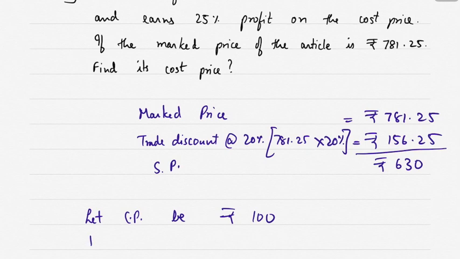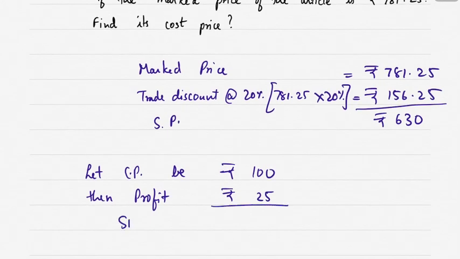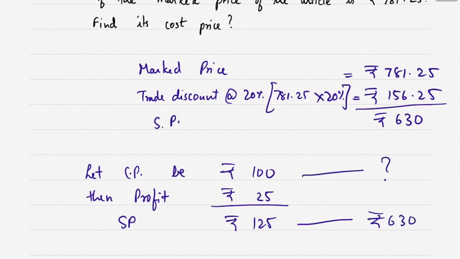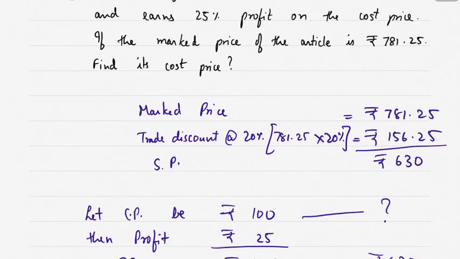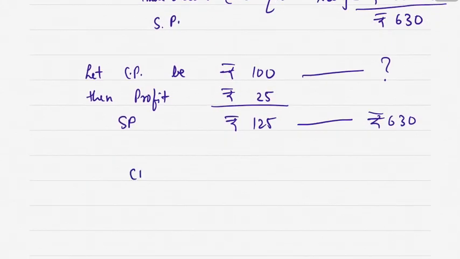Then profit is 25%, so rupees 25, which will make selling price rupees 125. If 125 is rupees 630, how much is cost price? So cost price is equal to 630 into 100 divided by 125.